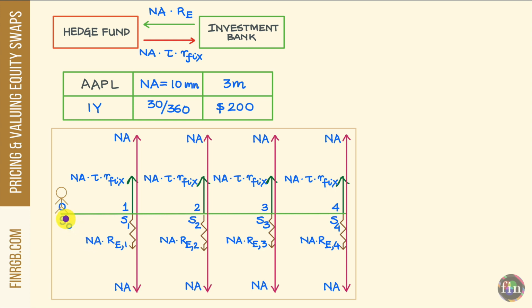And NA over S0 times S1 tells me the liquidation value of this position that I am undertaking at this point in time, right? Number of shares NA over S0 times the value of each share, which is S1 at this point in time.